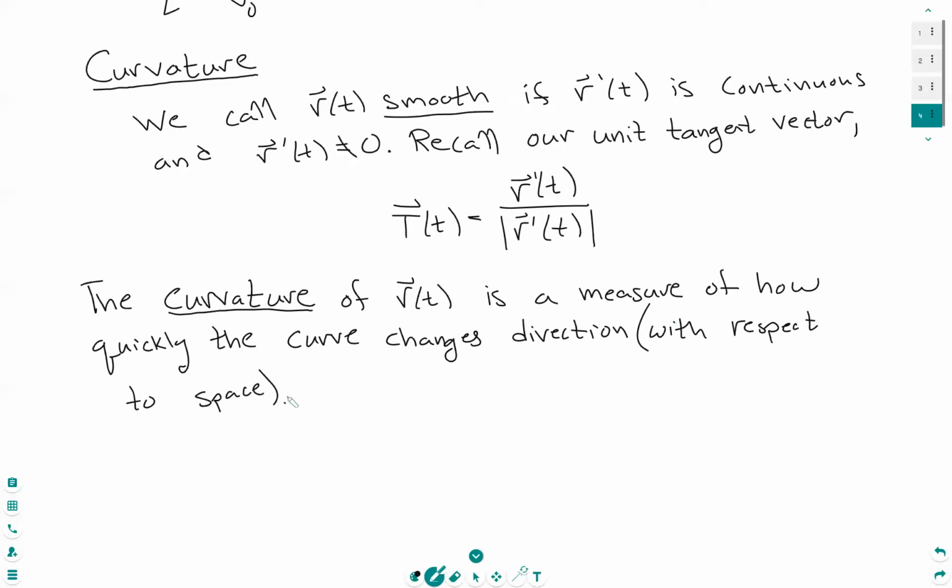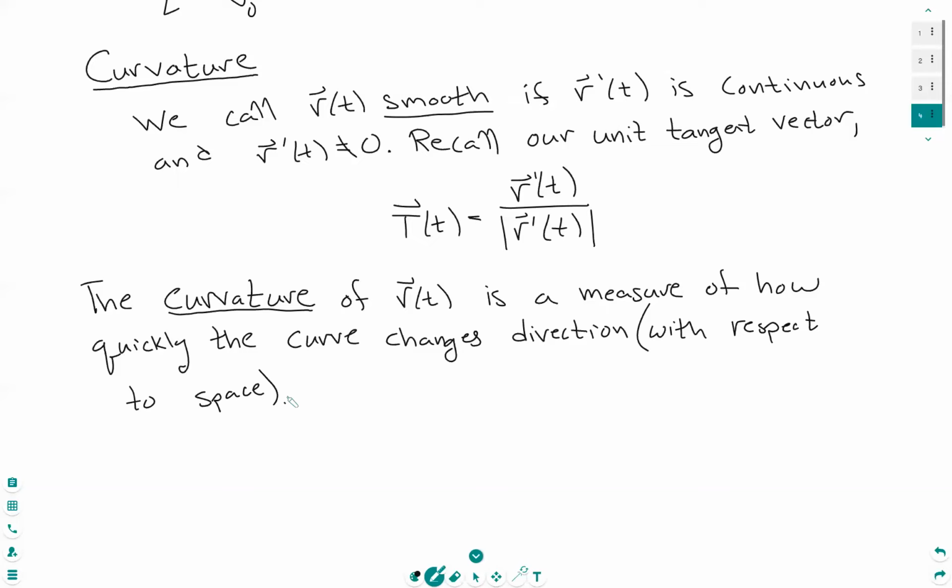So imagine you can even talk about the helix, right? The helix certainly has a curvature to it. It's wrapping around, it's spiraling upward. But we have to be a little bit careful when we're talking about the rate of change, or how quickly something is changing, because this parameterization that we've introduced talks about how quickly something changes with respect to time.